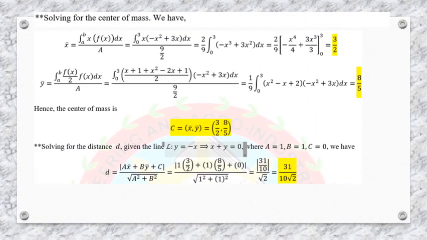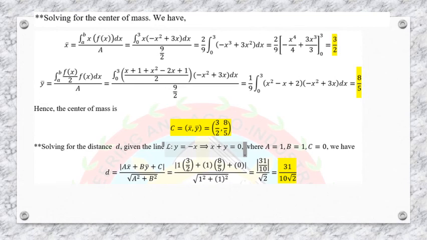Solving for the center of mass, class, the x-coordinate is not automatically given, because our parabola is not symmetric with respect to y or x. So we still need to find the center of mass. Base it on the formulas for the center of mass of a plane region, and use the one for a vertical rectangle.